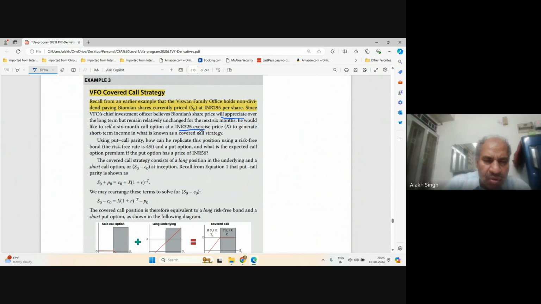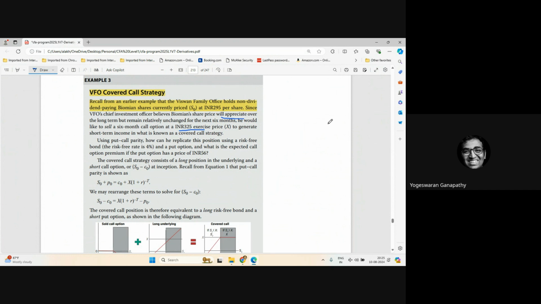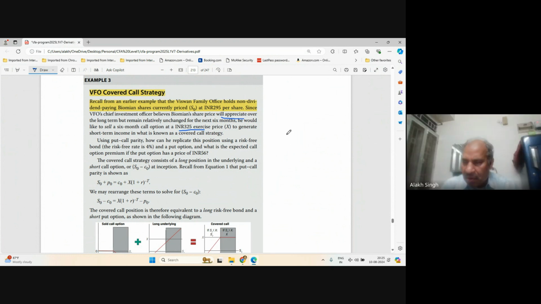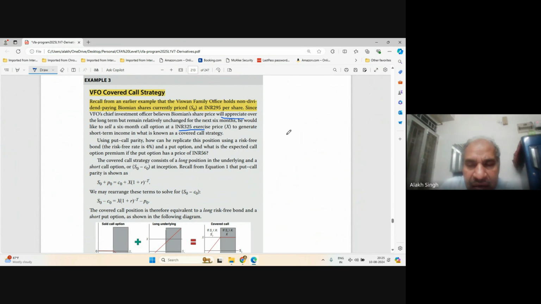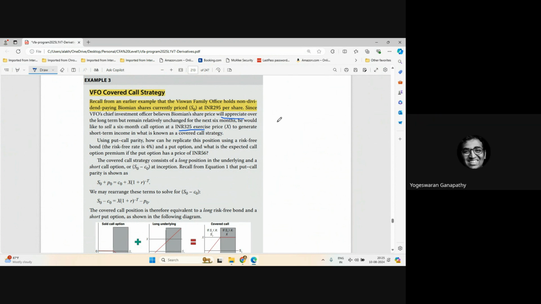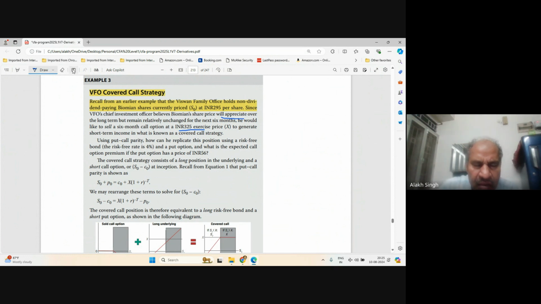Okay. So a covered call is not a protective put. Let's do covered call. Covered call is the present value of X minus P0. No, covered call is not that. Covered call is S0 minus C0. Oh yes, sir, the other side. Yes, S0 minus C0 means you buy the underlying, so your call is fully covered.